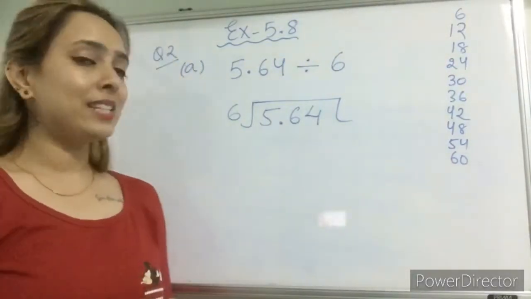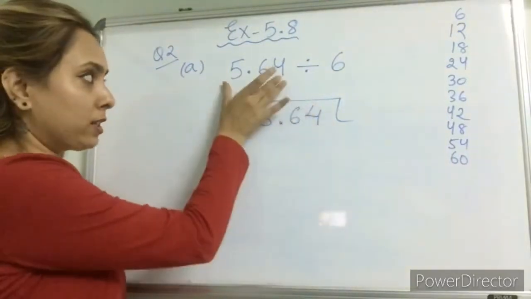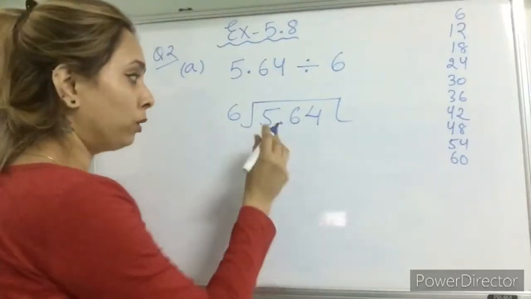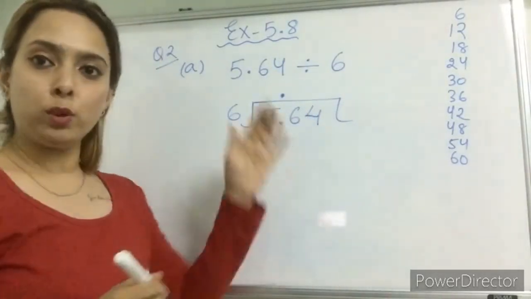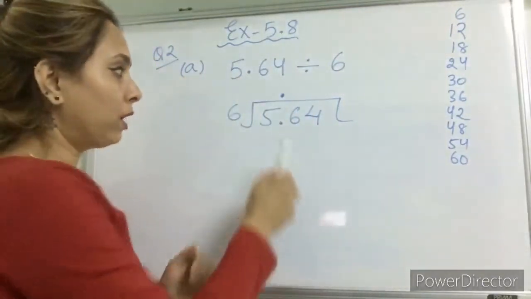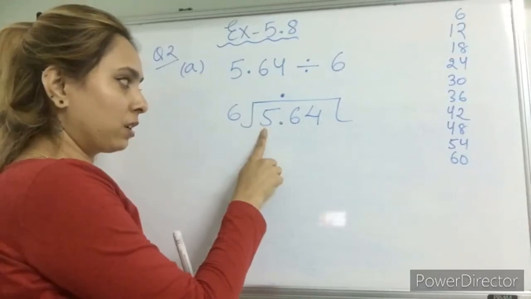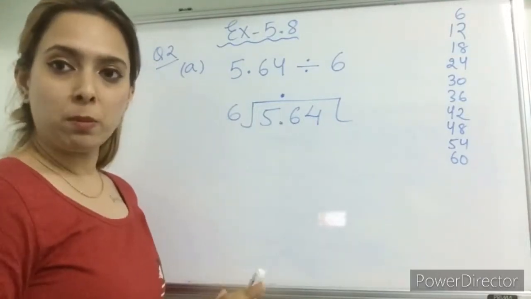So let's start. The question is, again the same thing: this is the dividend, this is the divisor. I have written it like this. Again, first step, just above the decimal you will put the decimal. Now you will check, is this 5 divisible by 6? No, it is not divisible by 6.